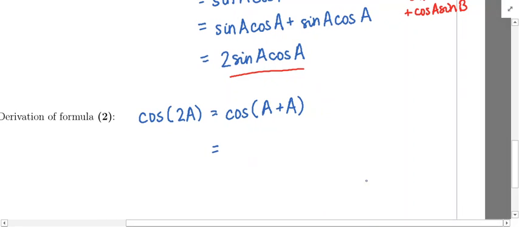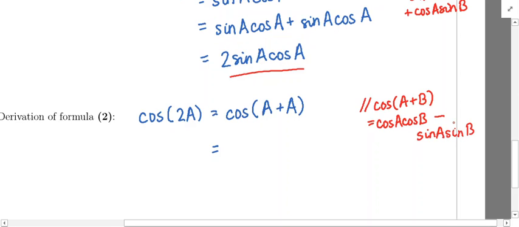So now I'm going to apply the sum formula for cosine. If you recall what that is, I'll write it here in red. The cosine of a plus b is equal to the cosine of a times the cosine of b minus the sine of a times the sine of b.